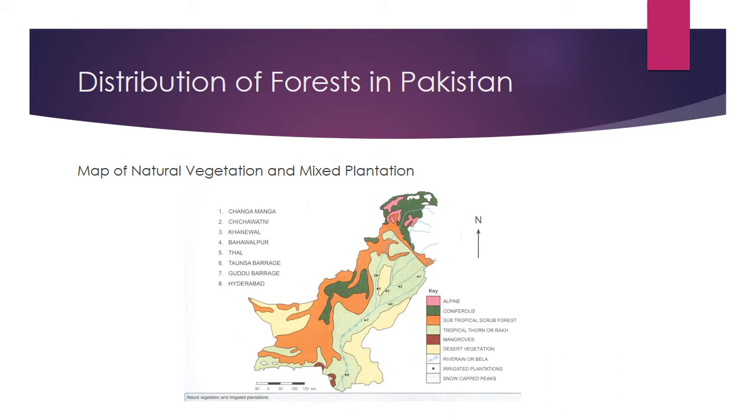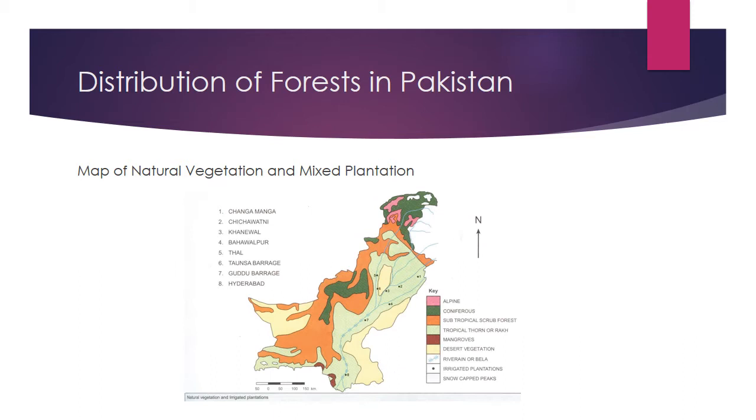Students, now we will discuss the distribution of these types of forests in Pakistan. This map is showing us where different types of forests can be found. Here is a key. The key is showing that alpine forests are located in northern areas of Pakistan because pink color is telling us about the location of these forests.